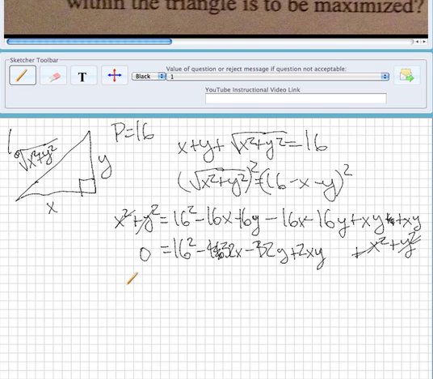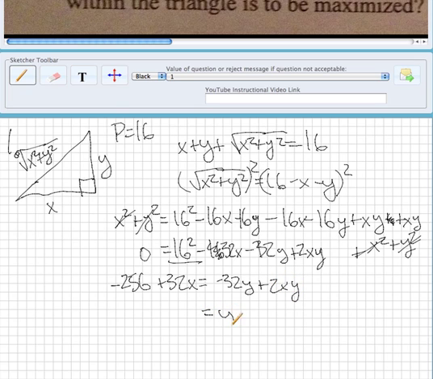So now we're going to solve for y, where it's going to be negative 256, that's 16 squared, and then we added 32x over on this side. Now it's going to be negative 32y plus 2xy.